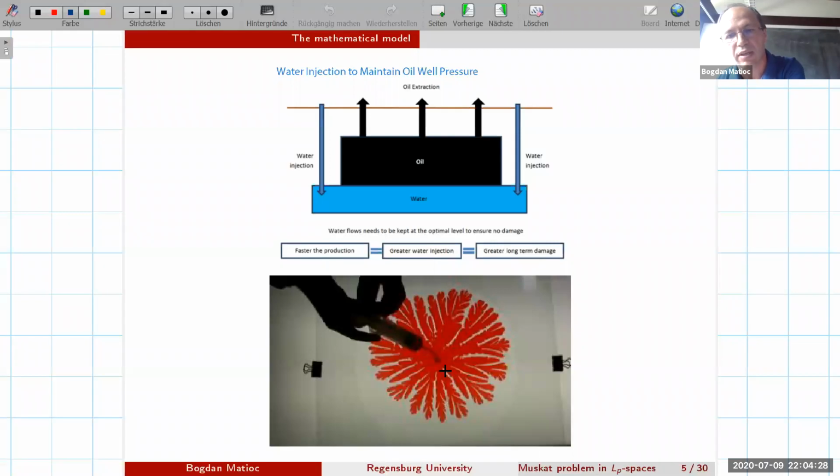Water is a fluid colored in red, and this fluid is injected in the middle of the cell, and because it has viscosity less than that of the glycerol, one can observe these snowflake structures occurring. One should mention also that in this setting, this Hele-Shaw cell is horizontal, so that gravity effects are negligible.